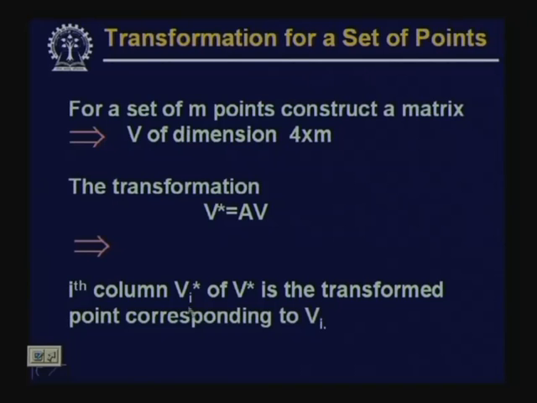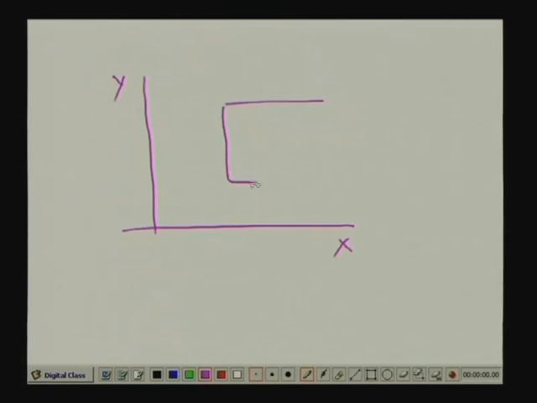Now, if I have to transform a set of points, for example, I can have a square figure. Say, in a two-dimensional space x, y, I have a square figure like this. So, it will have 4 vertices, which I can represent as point P1, point P2, point P3 and point P4.